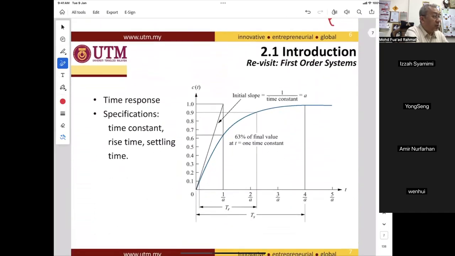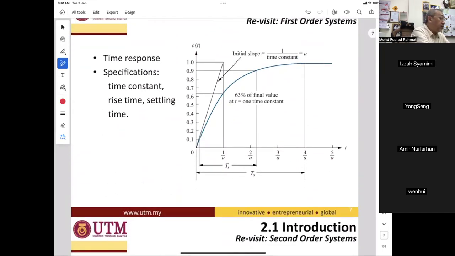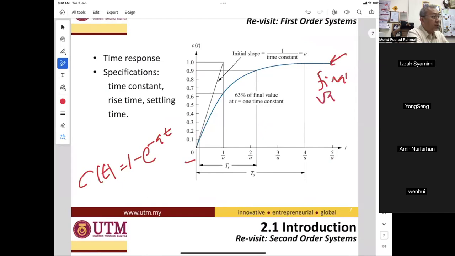So this is the equation, where C of t is equal to 1 minus exponent minus AT. You can see the time response is rising from 0 to the final value, which is about 1 volt.